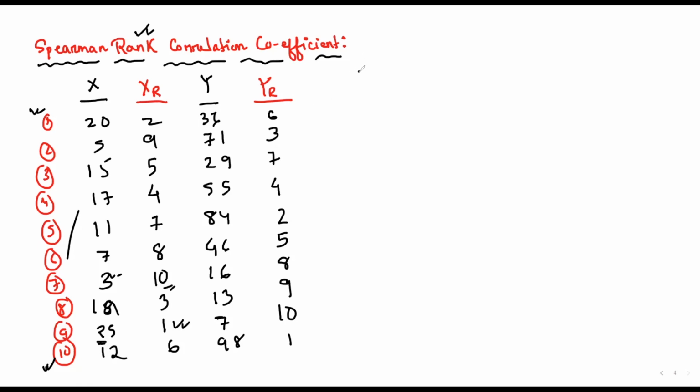Now you will calculate the difference between the ranks. Once you calculate the ranks, you will calculate the difference between them. So here, what is the difference? 2 minus 6 is minus 4. 9 minus 3 is 6. 5 minus 7 is minus 2. 4 minus 4 is 0. 7 minus 2 is 5. 8 minus 5 is 3. 10 minus 8 is 2. 3 minus 9 is minus 6. 1 minus 10 is minus 9. 6 minus 1 is 5.